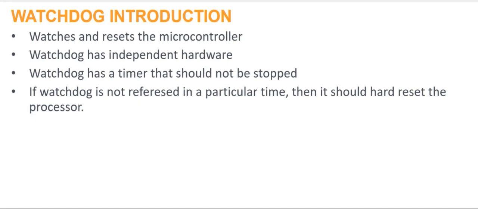To combat these kinds of unexpected situations, we need some circuitry that keeps monitoring the main system or application, and in case of unexpected events, it restarts the system. So for that purpose, we need a watchdog.